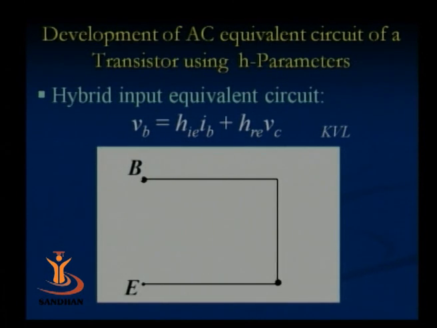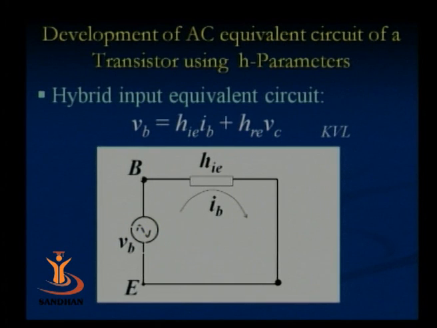IB is the base current. Now how can we draw a circuit that represents this equation, VB equals HIE IB plus HRE VC? The input part of the transistor consists of base and emitter. So the input voltage between base and emitter is VB, and we can label it like this.